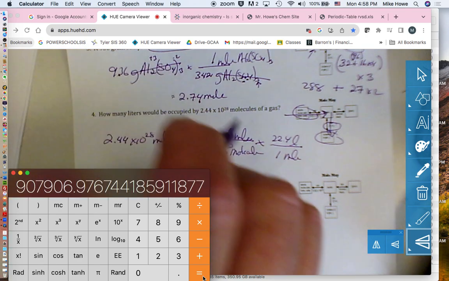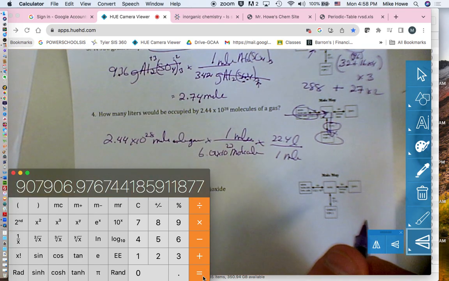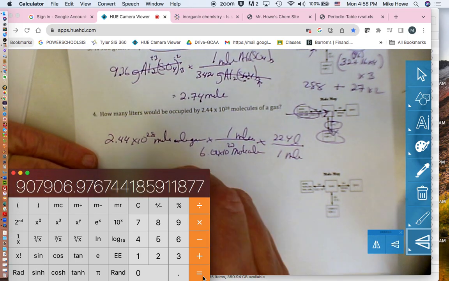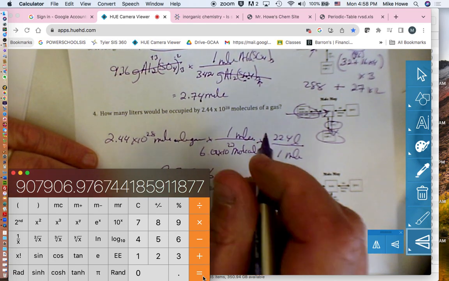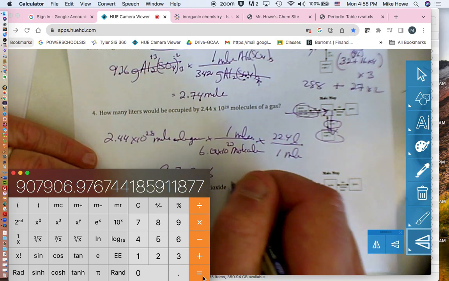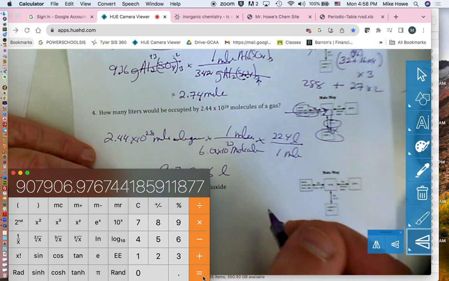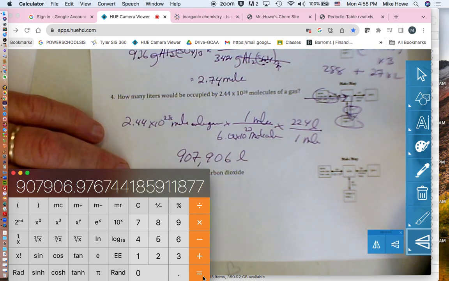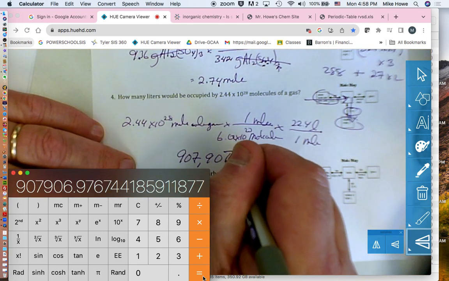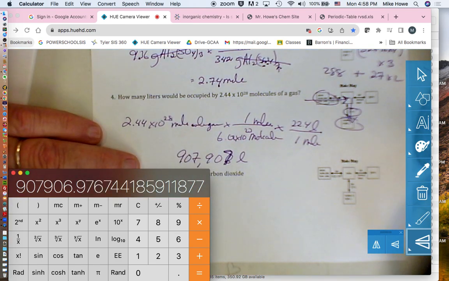Final answer, 907,906. And that is liters. So there's a lot of liters. Oh, I should say 907, sorry, because this 6 is followed by a 9 right here, so it should round up to 907.